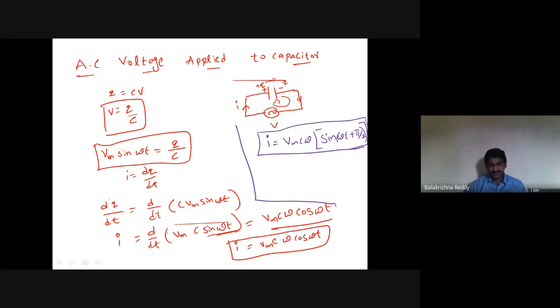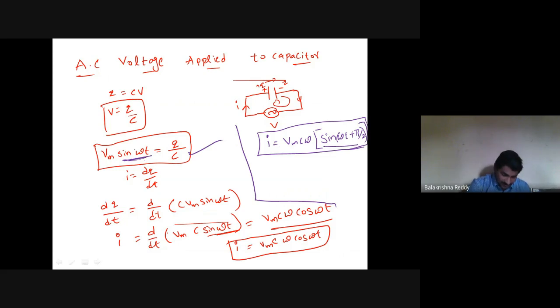Whereas the voltage equation is Vm sine omega t, and the current equation is I equal to Vm C omega sine of omega t plus pi by 2. From this sine to this sine there is a 90 degree difference, meaning the current is ahead of the voltage by 90 degrees, or pi by 2 radians.